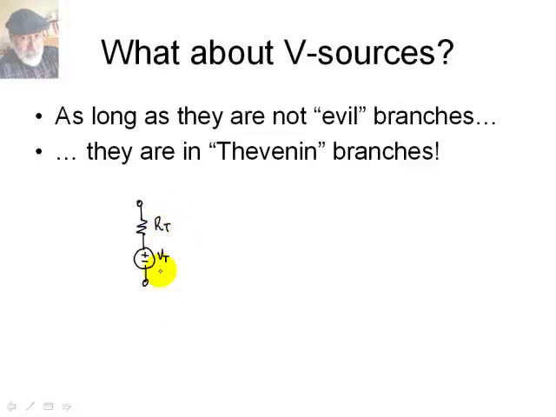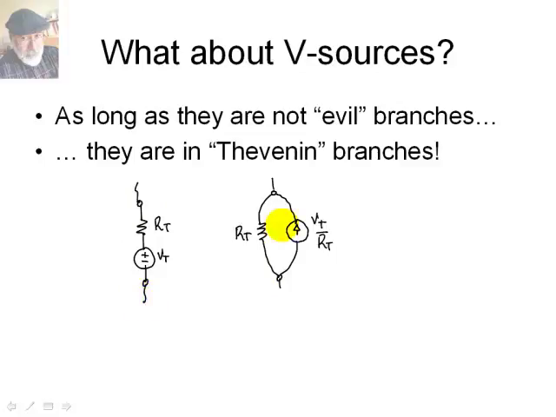We know pretty well that we can transform that branch into a Norton branch with a current source in parallel with a resistor with exactly the same value as before, RT, and the source would be VT divided by RT, as we saw in EC251. The rest of the circuit is not affected.